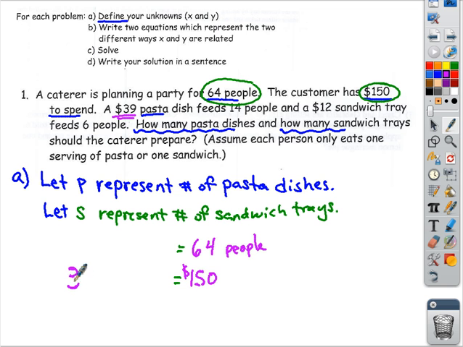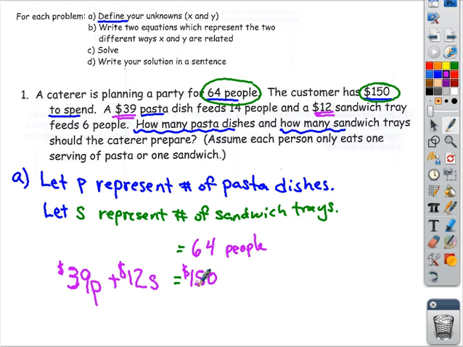Oh, my pen ran out of ink. Okay, $39 is what it costs for each pasta dish. So if I buy 2, it's 2 times 39. If it's 3, I have 3 times 39. And I'd also have to spend $12 on every sandwich tray.